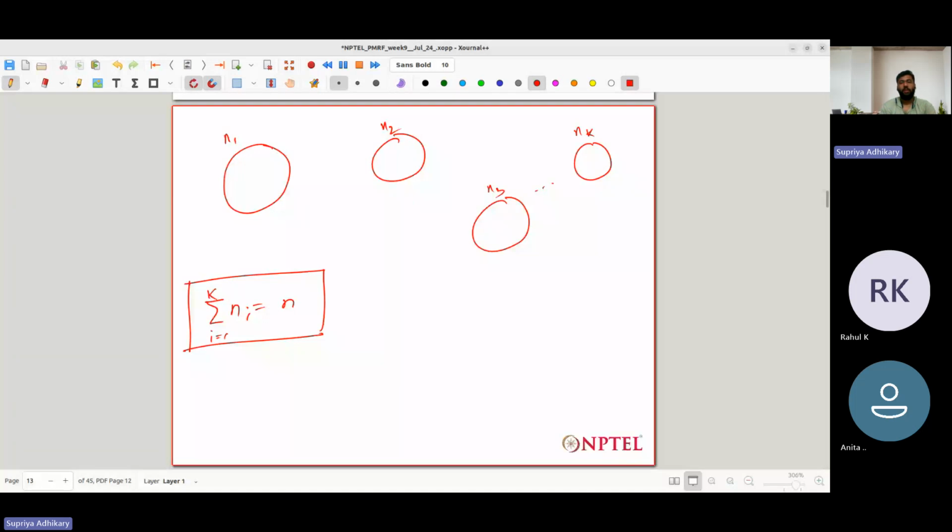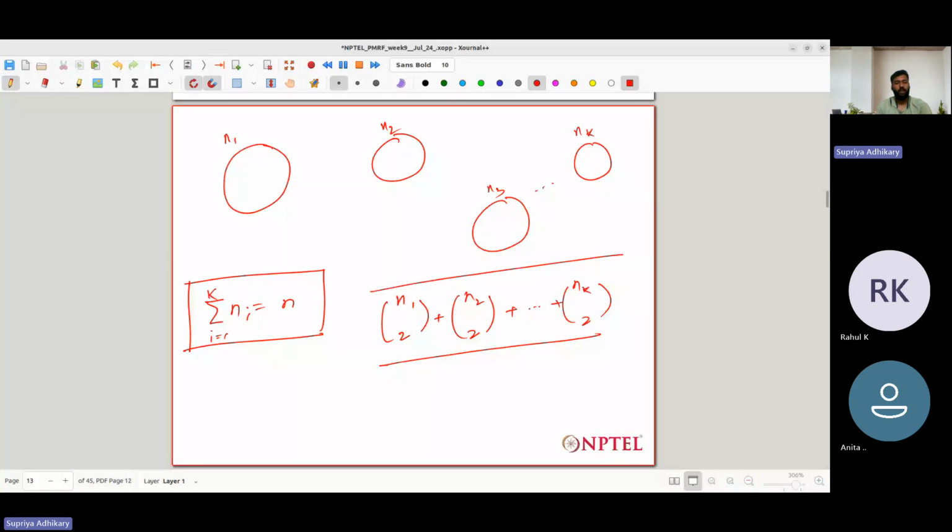So the total number of edges in this particular graph is nothing but n1 choose 2 plus n2 choose 2, up to nk choose 2, something like this.